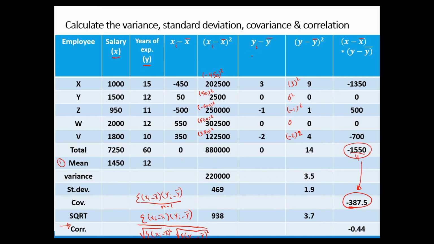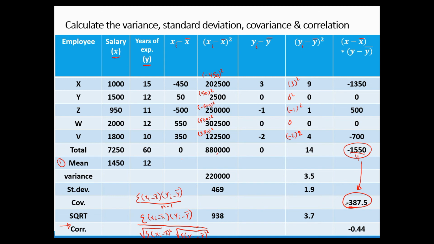So here we find the sum, which is 880,000, and the sum of the differences between yi and y bar squared is 14.